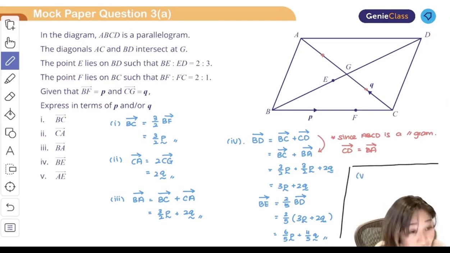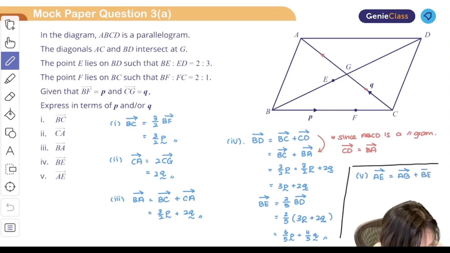Part 5, AE. To find AE, I will do AB plus BE. Very good, Kavya. Seems like someone's been practicing. So AB plus BE, then I fill in those values.